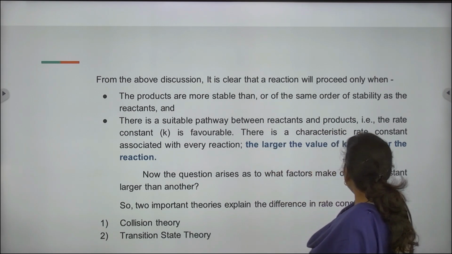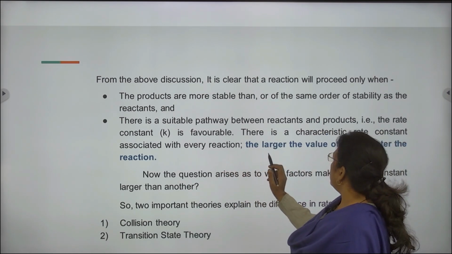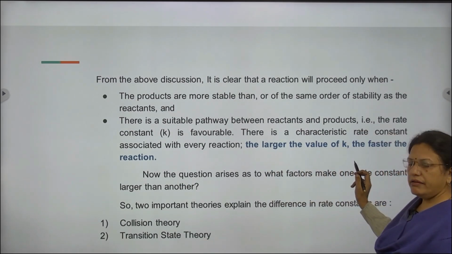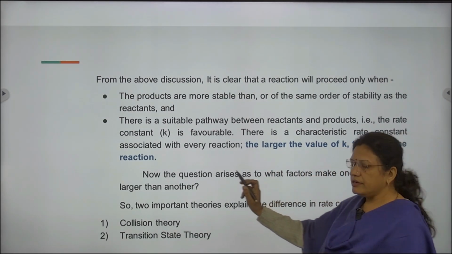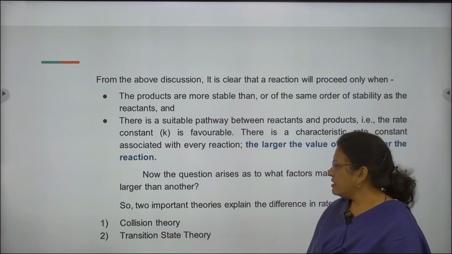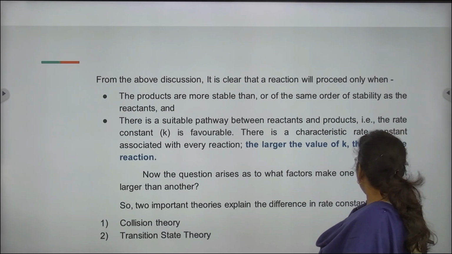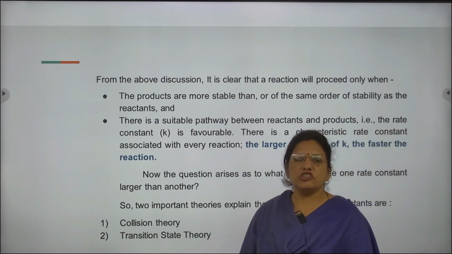There is a characteristic rate constant associated with every reaction. The larger the value of K, the faster the reaction. Now, the question arises as to what factors make one rate constant larger than another.